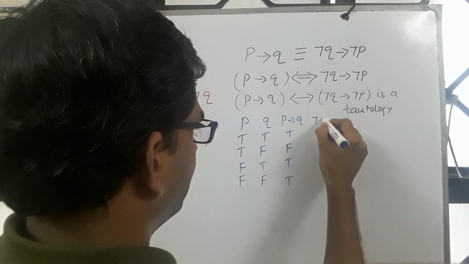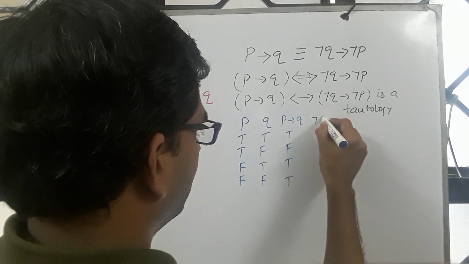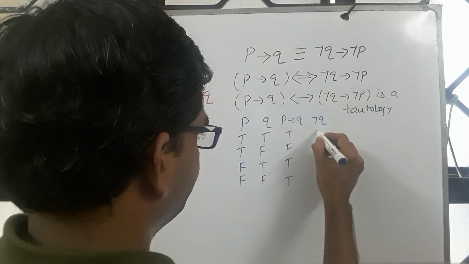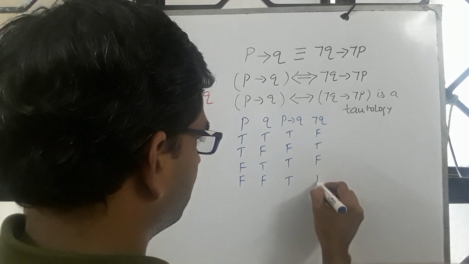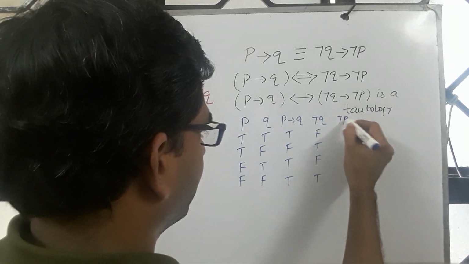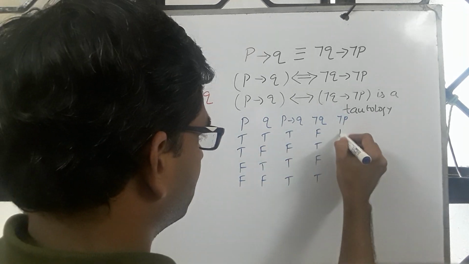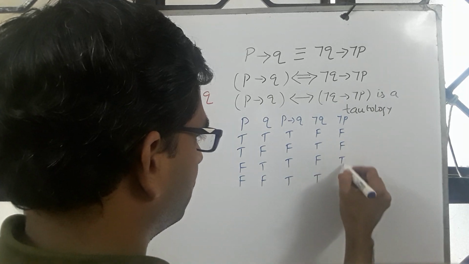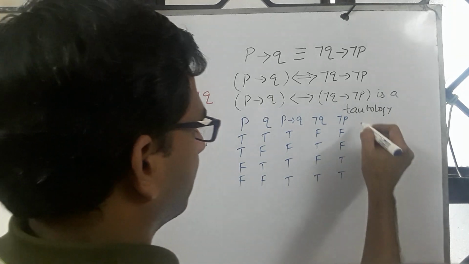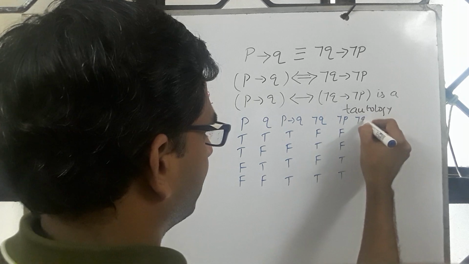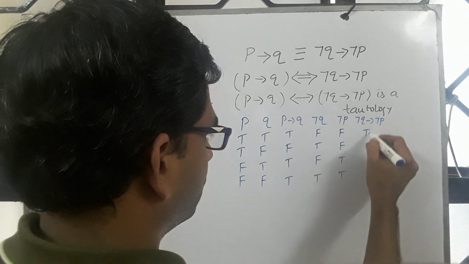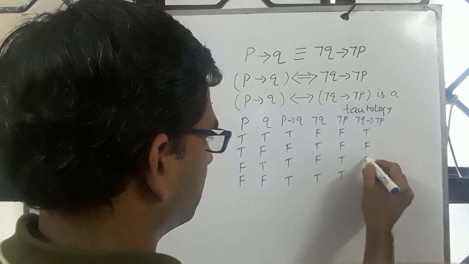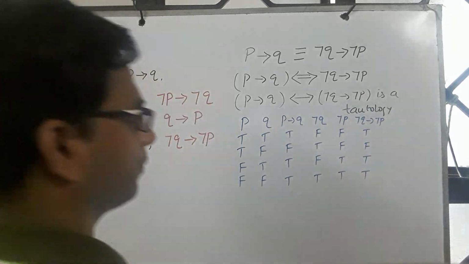And we need negation P and negation Q. Let me look at negation Q. So false, true, false, true. Then negation P, which is false, false, true, true. And then we need negation Q imply negation P, which is true, false, true, and true.